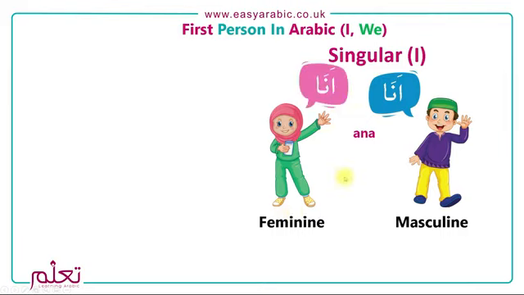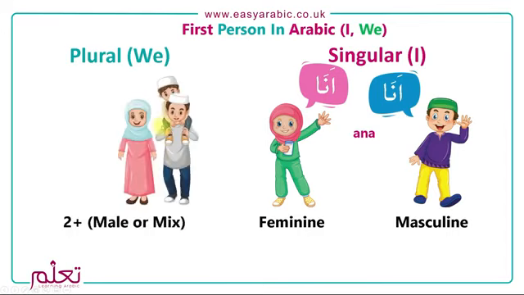So whether you're male or female, when you talk about yourself, you say ana. In plural, when we talk about two or more people, whether male, mixed, or two females, the word we use is nahnu. So ana, nahnu.